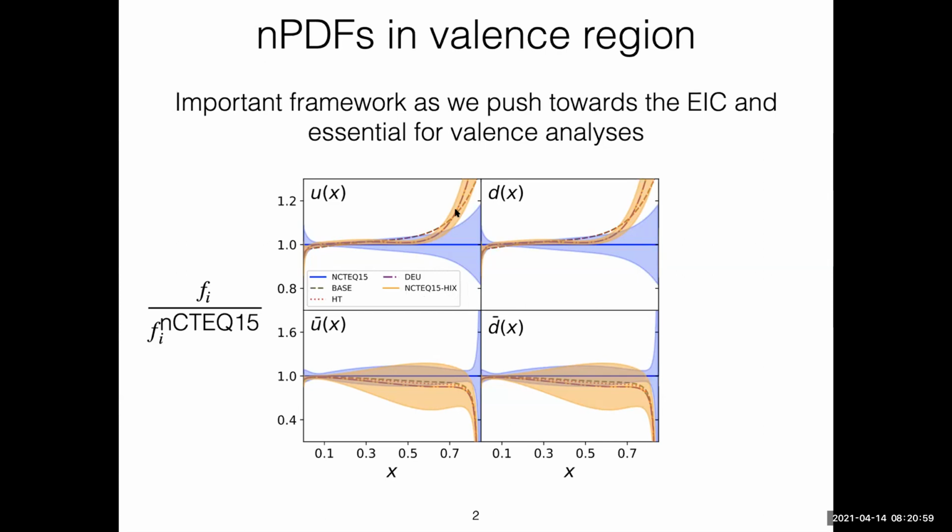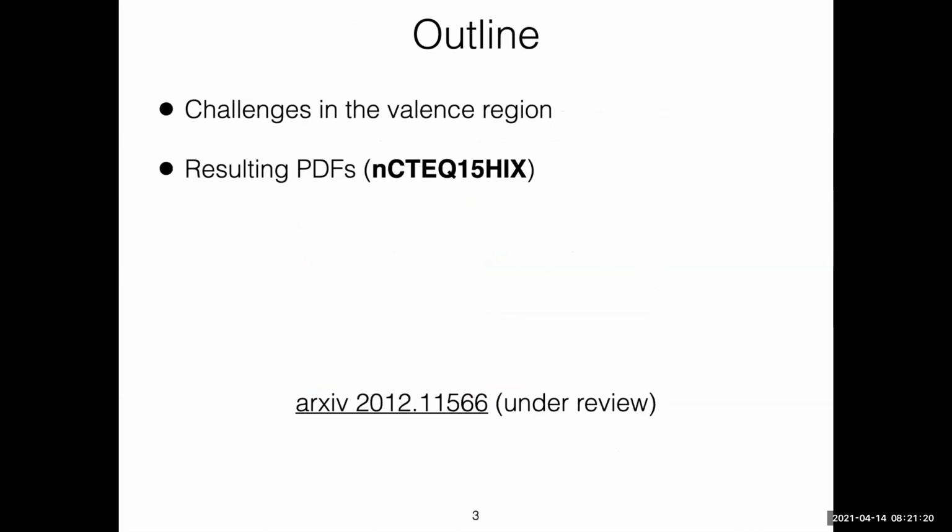Not only are these nuclear PDFs in the valence region useful for any analysis that is sensitive to very, very high x, but a lot of the theoretical ingredients that we've built into this framework are pretty important as we think about a future EIC and moving forward in future analyses.